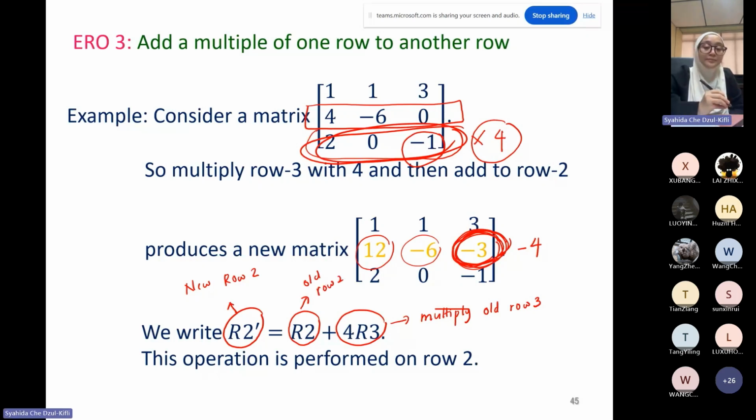Okay, is that clear? And then we have a new matrix.